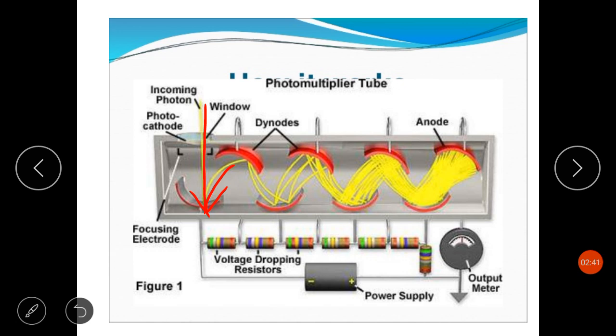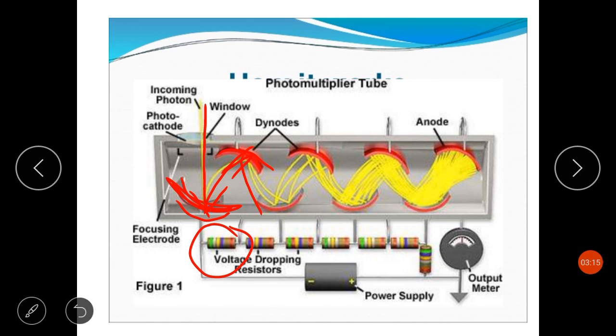This primary electron gets accelerated because of the voltage applied between the dynode and the photosensitive cathode, and it strikes the dynode. On striking the dynode, it emits some more electrons, so more secondary electrons get emitted. The number of electrons emitted from the dynode surface is more than the number emitted from the photosensitive cathode.